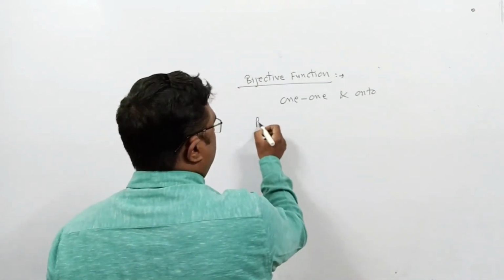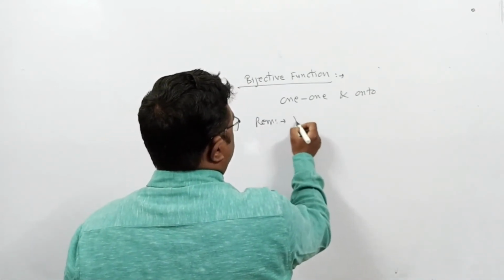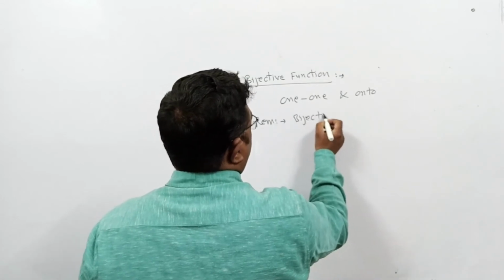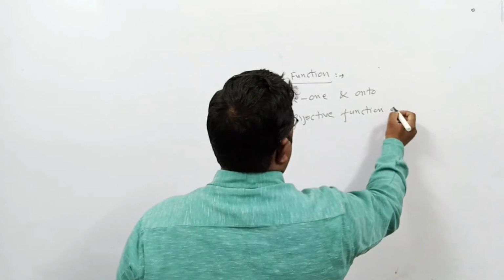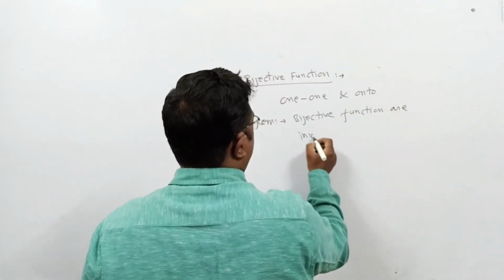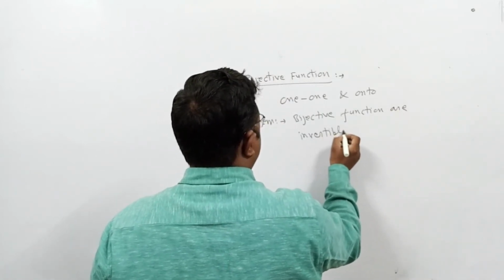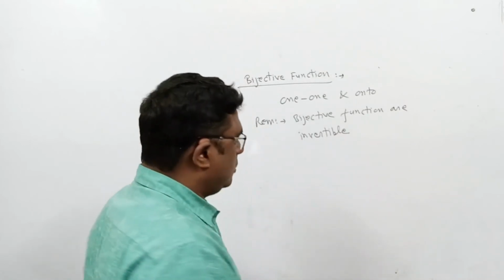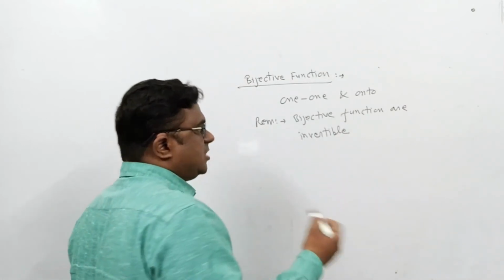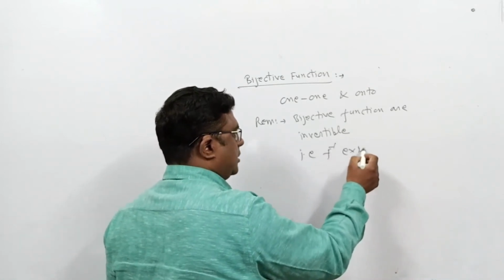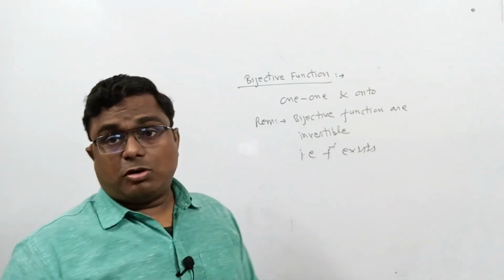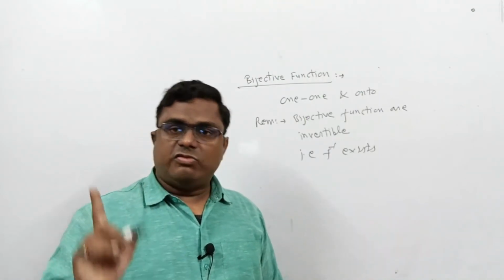And you have to remember that bijective functions are invertible. Invertible means that their inverse exists. So if a function is bijective, then f inverse exists for it. And if the function is not bijective, then its inverse will not exist.